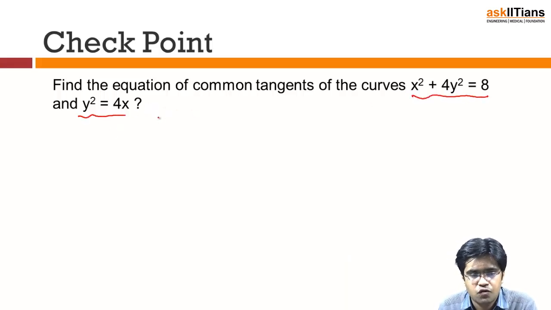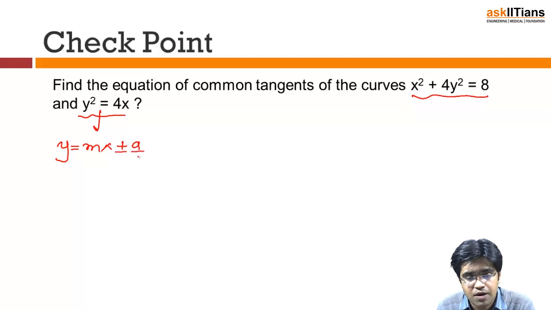So y square is equal to 4x. If this is the parabola, then from the condition of parabola we know that y is equal to mx plus minus a by m. This is the equation of tangent in slope form for a parabola.